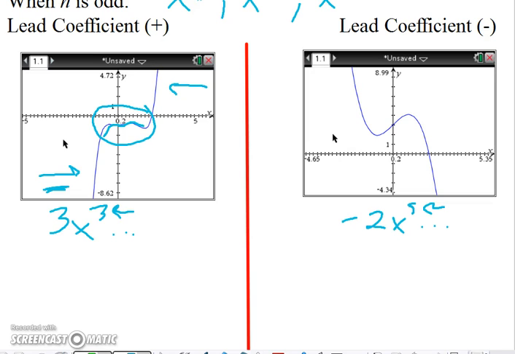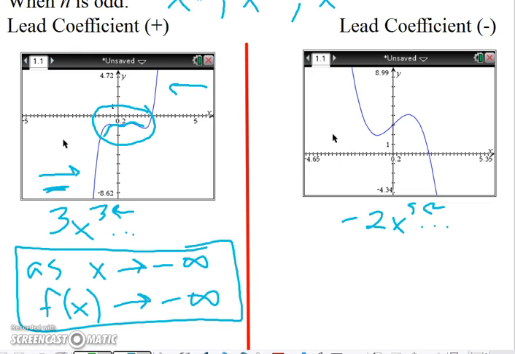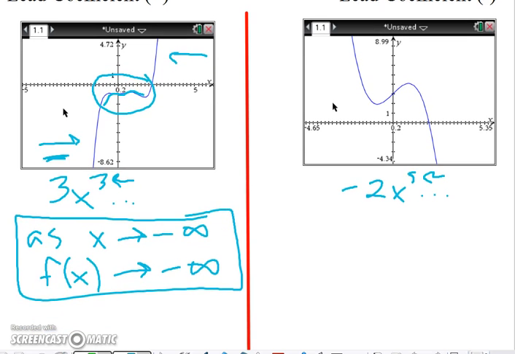Well, if we look at it, as x goes to negative infinity, f of x, or the output of x, goes towards negative infinity as well. That's the first thing that happens. So that means it's going down.